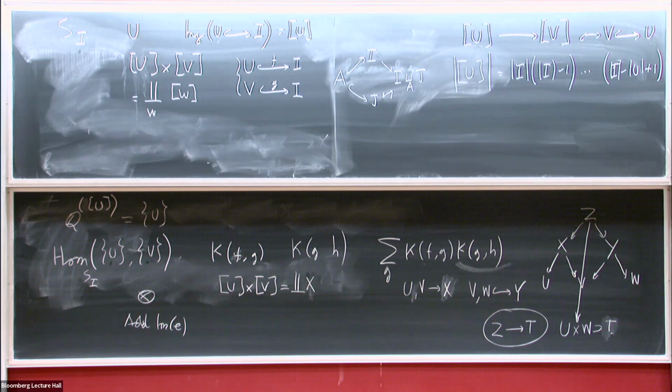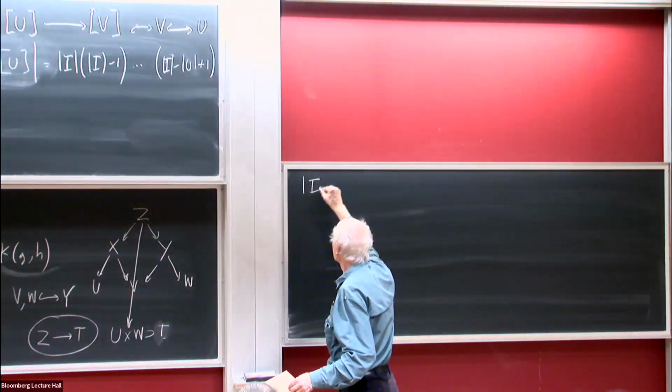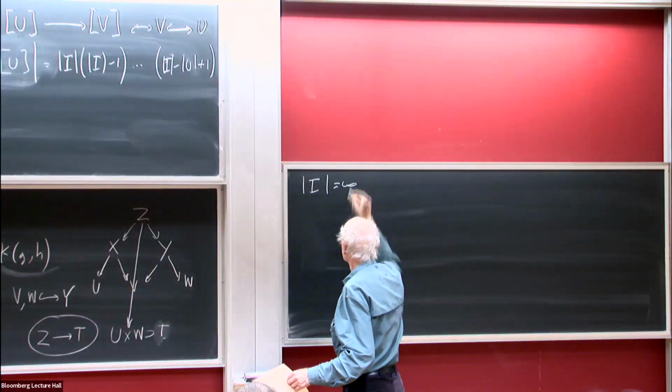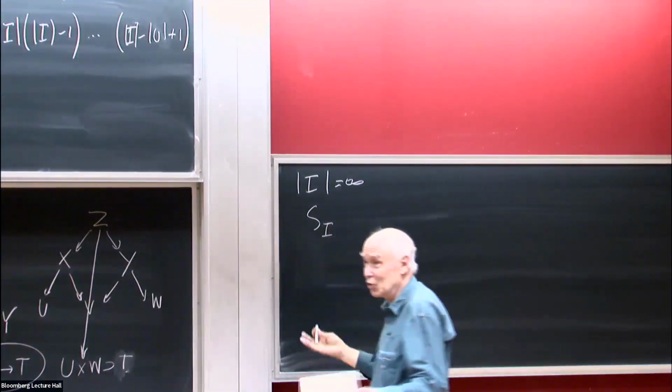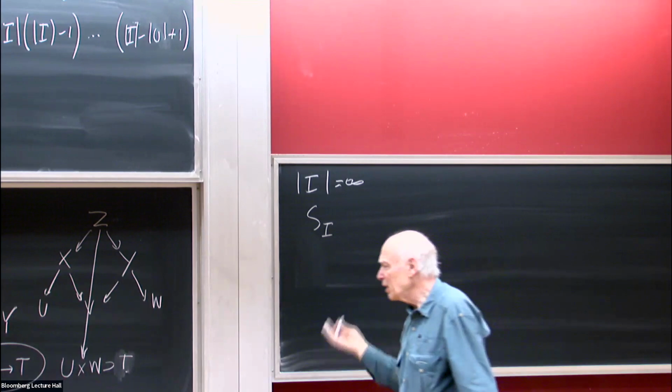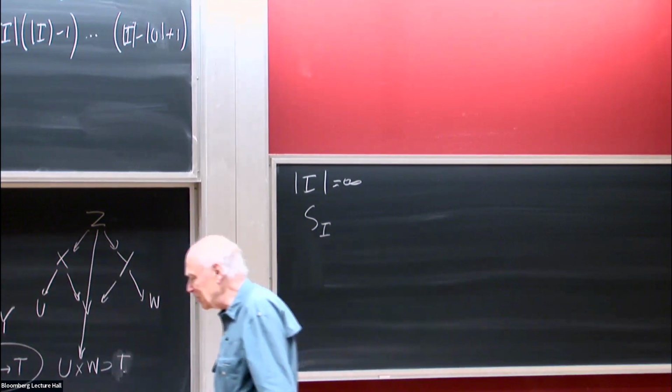So the idea is that instead of a symmetric group Sn taking n variables, one just takes the infinite symmetric group. So one now takes an infinite set and the corresponding symmetric group, and there is some flexibility.